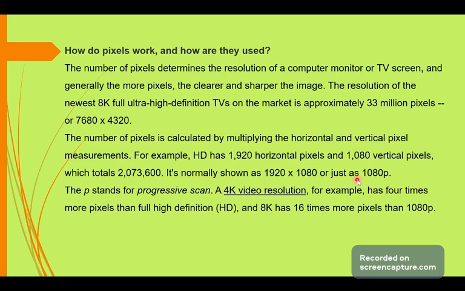The P stands for progressive scan. A 4K video resolution, for example, has 4 times more pixels than full HD, and 8K has 16 times more pixels than 1080p.